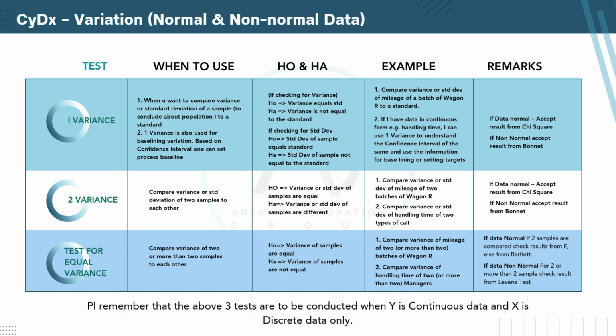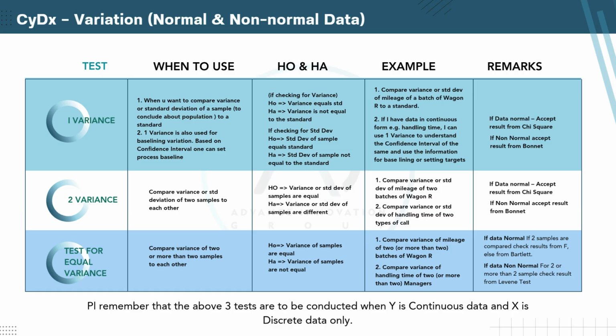1. 1-variance. When to use: when comparing a single sample's variance or standard deviation to a known baseline or standard. It's useful when validating a baseline or checking if a current process aligns with a set target. Hypotheses. If checking variance, H0: variance equals the standard; Ha: variance is not equal.